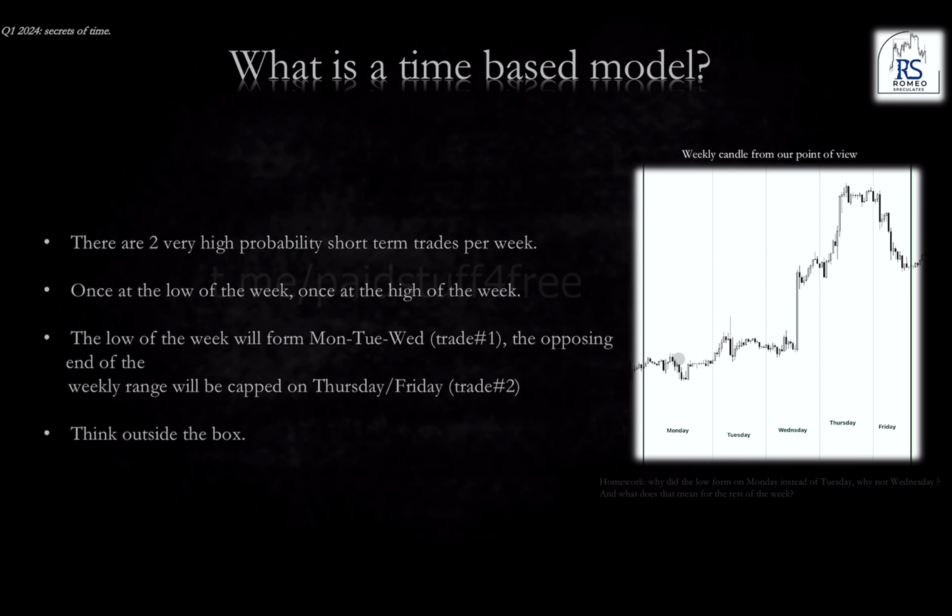But to encapsulate the weekly candle, you can be sure that the low of the week is going to be made on Monday, Tuesday, or Wednesday. And the range will be capped on Thursday or Friday. And another thing is, the same candle, for example, let's take Wednesday.